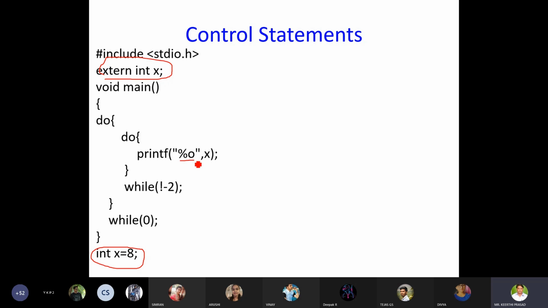What is the meaning of percentage o? Percentage d is for integer, right? Yes, sir. Percentage f is for float and double. Percentage c is for character. Percentage s is for string. What about percentage o?